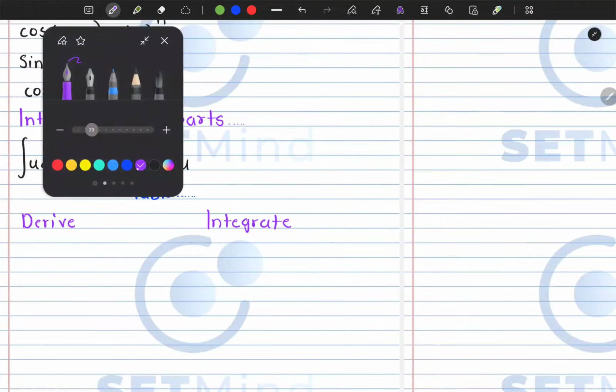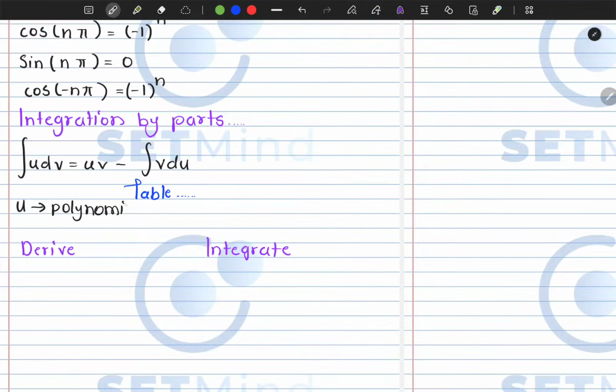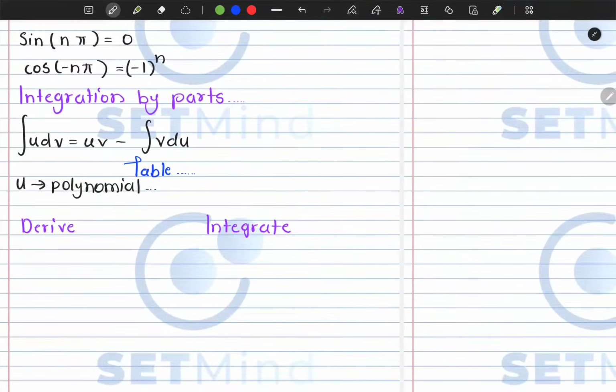You will take your u, and your u would be a polynomial for this to work. You would need your u such that when you derive more, you will eventually get to 0. So u would typically be a polynomial, of which when you derive, it will eventually approach 0.